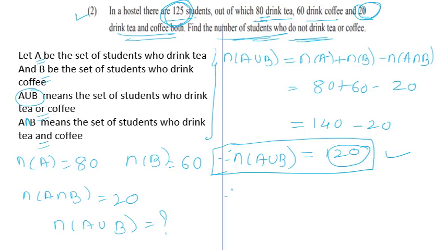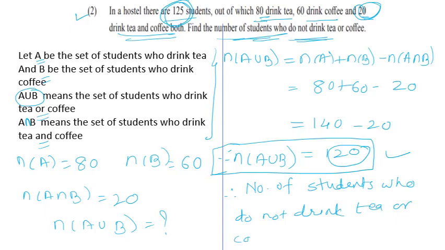So here write: number of students who do not drink tea or coffee equal to 125 minus 120.